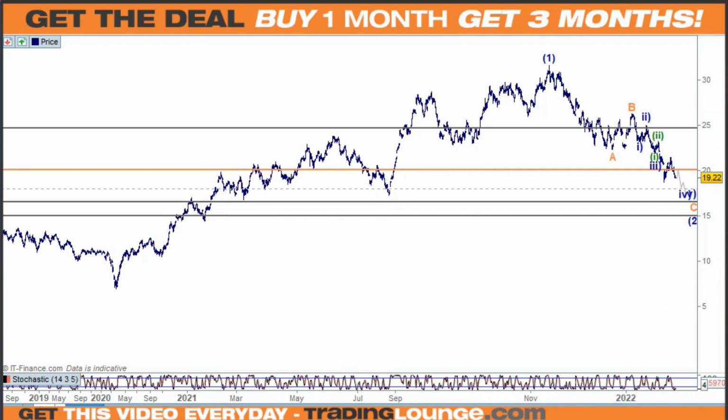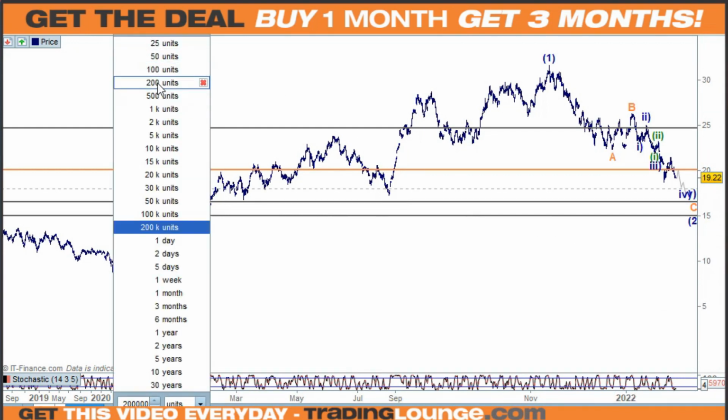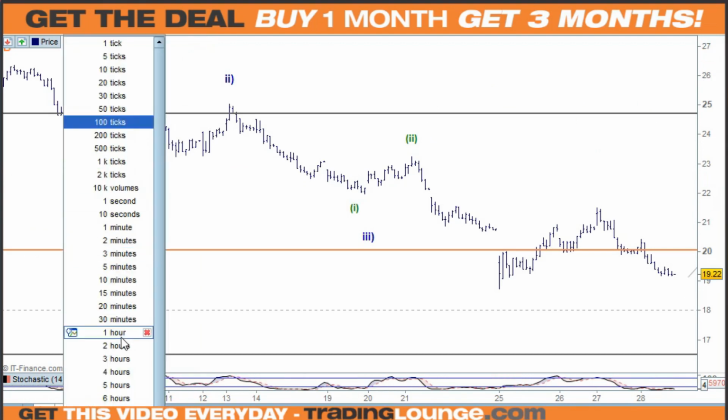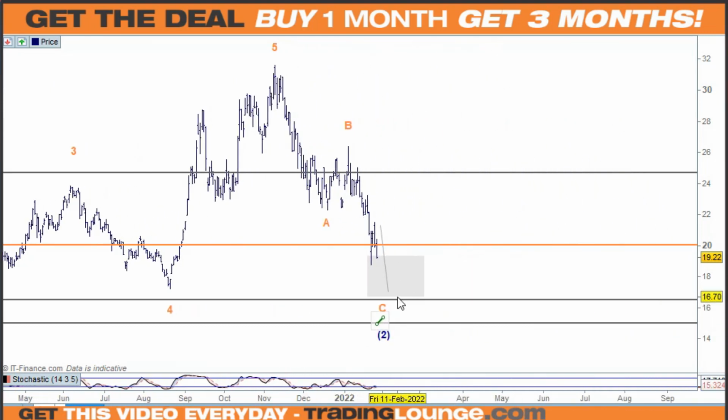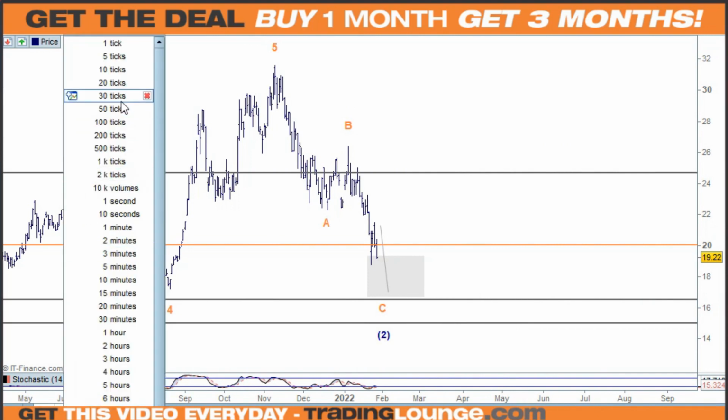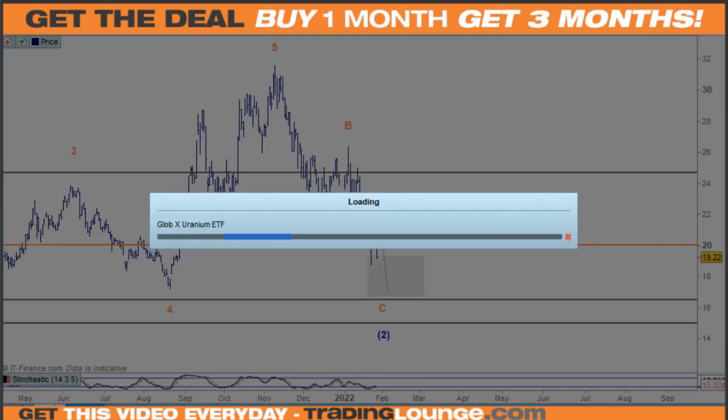Let me just go back to the daily chart first, and I'll find that number that I'm looking for. Okay, so we're looking very close to the 1650 there, so we'll just go back to the tick chart now. That's 1930.